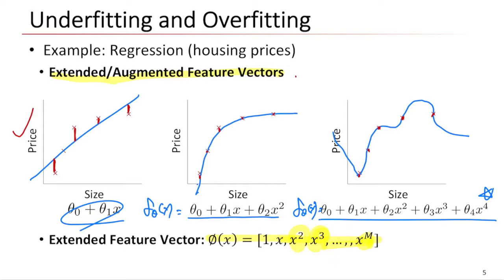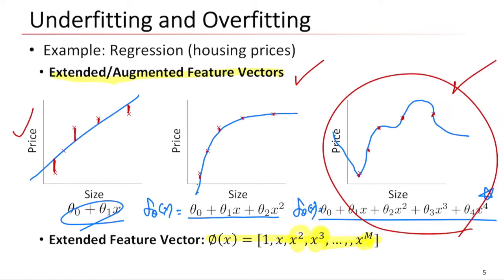So in these two cases the errors are getting reduced, but as you can see here, this model can model the training samples well, but it fails to generalize to a new sample.